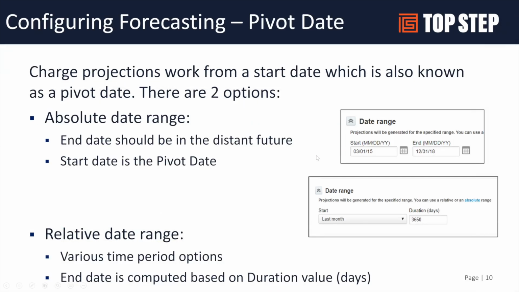Pivot date is also a critical thing to think about as you're setting up your charge projections. What is the date that I want to create projections for? We've had customers who set a date range a year in the past and 4 years in the future, hard code those dates, and run projections nightly to refresh any changes. Then they run reports and get some actuals in the past and forecast in the future.